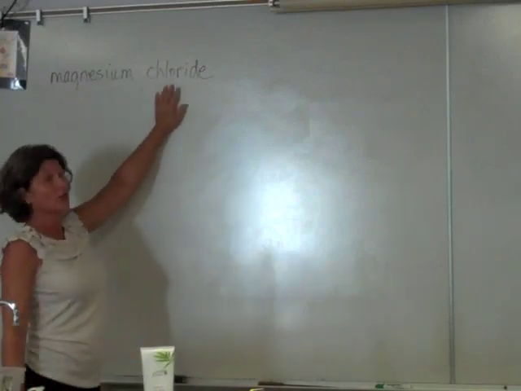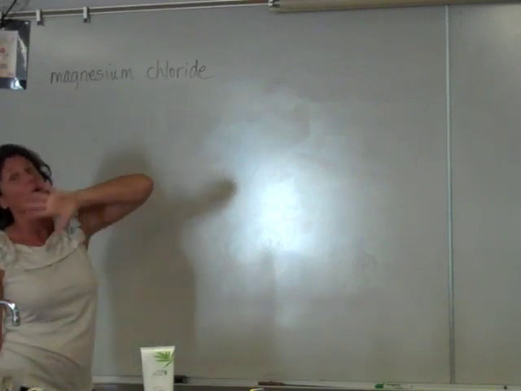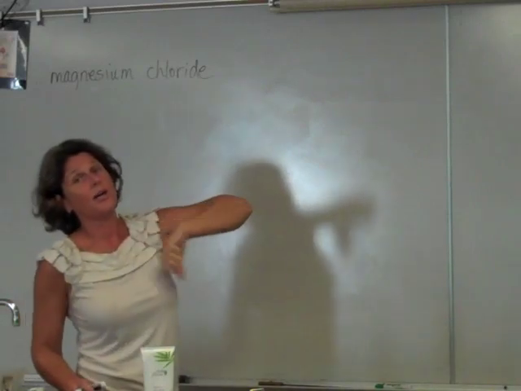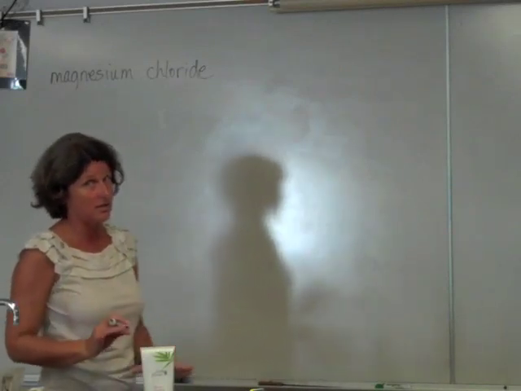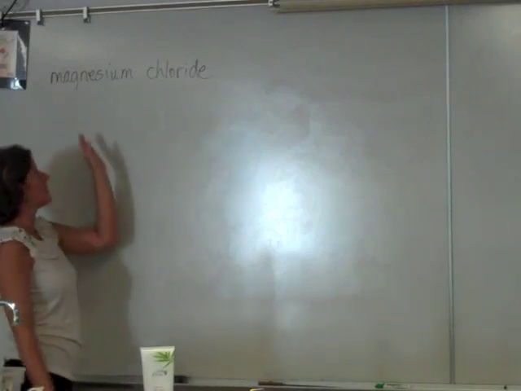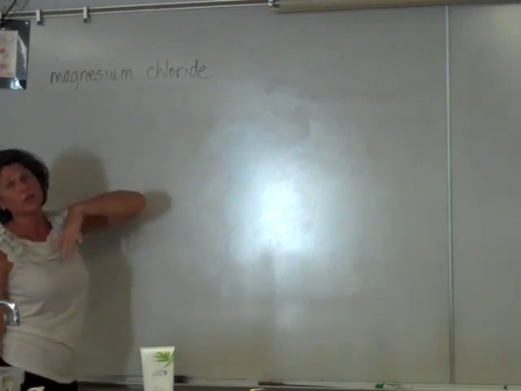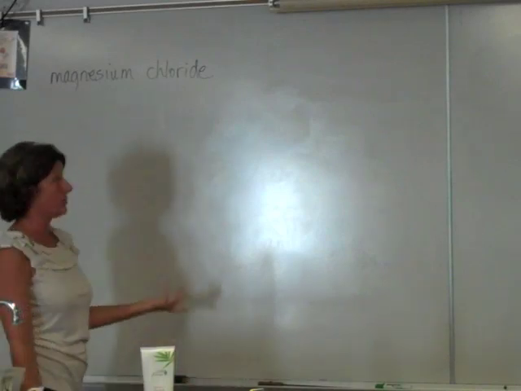Metal, non-metal. Ionic compound, meaning that when I write this formula, I am going to have to electrically balance it. So I'm going to start with the charges on both of these. You'll need your periodic table. You are also going to need your ion cards for this.